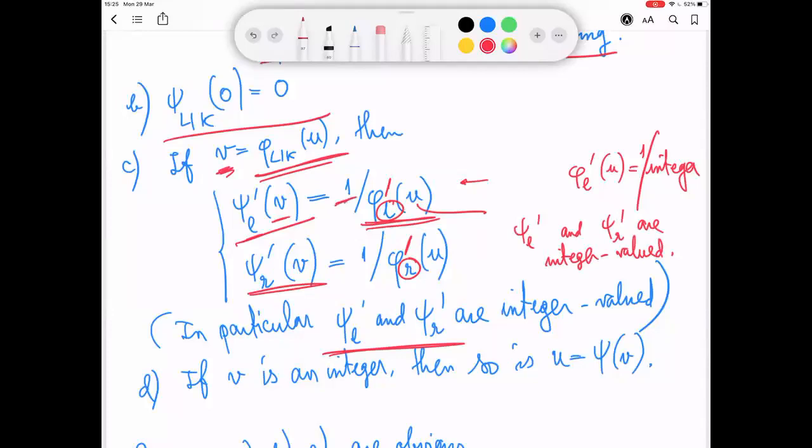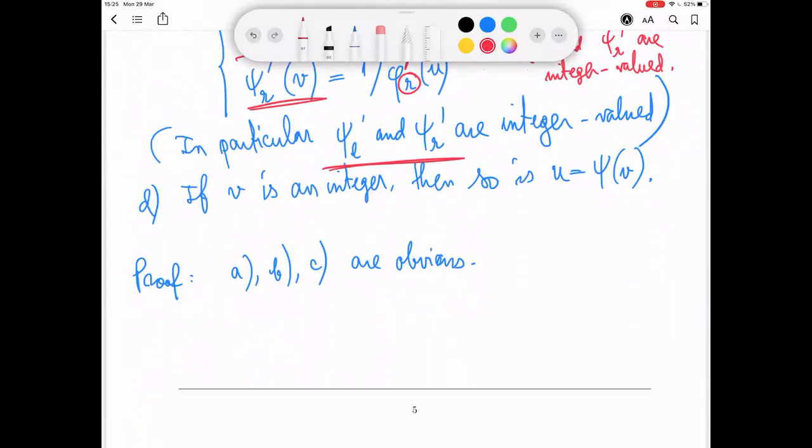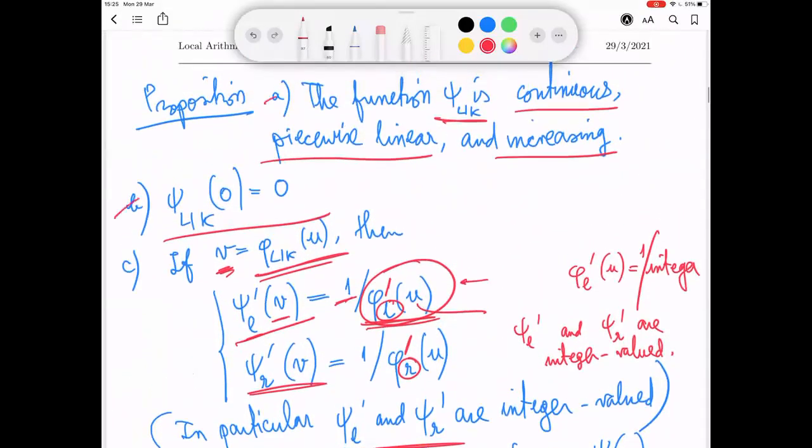Now the important thing is that if v is an integer, then so is u, which is psi of v. Now, the first three things that are noted here, this A, B, and C, they are kind of obvious.